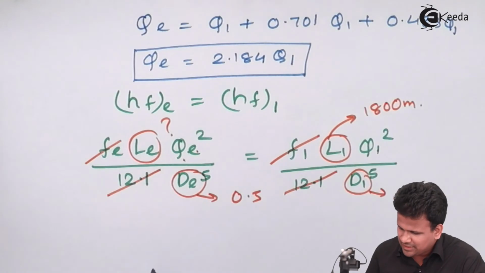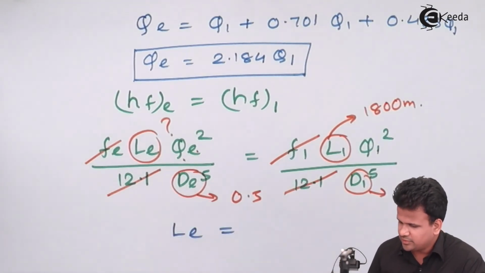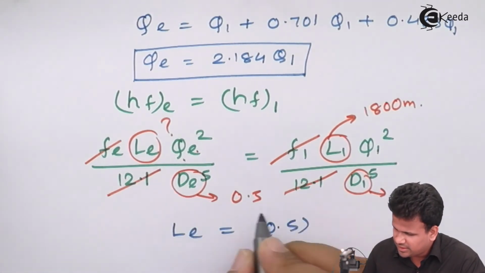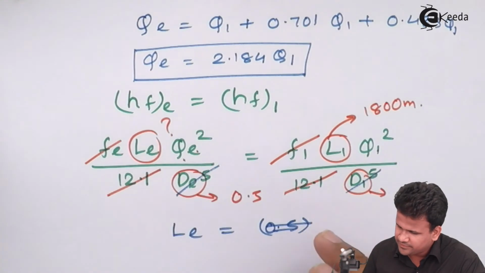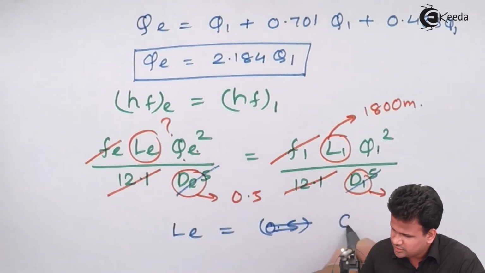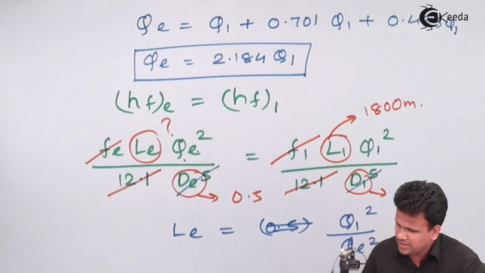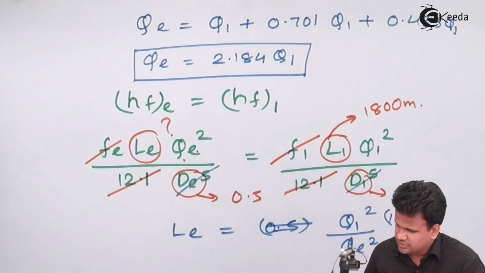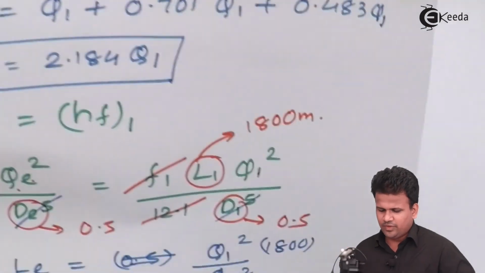While calculating this, we get L equivalent equal to, the 0.5 and 0.5 get cancelled, so no need to write this, Q1 squared upon Q equivalent squared into 1800. So we can substitute one in terms of another.